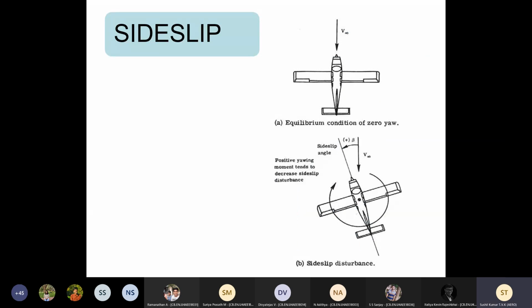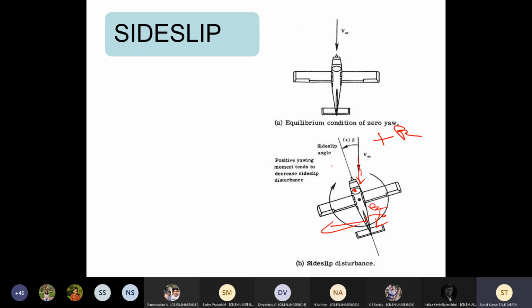Side slip. From the cockpit, if the resultant velocity is towards the right, then you call it plus beta, positive side slip. And obviously the effect of the vertical fin is that it sees an angle beta, and this creates a force which tries to kill the beta.